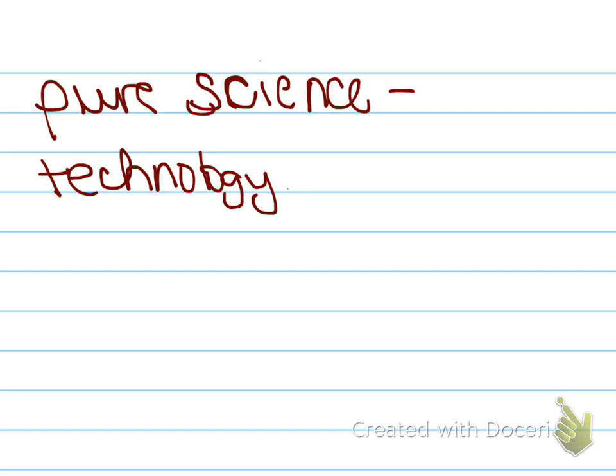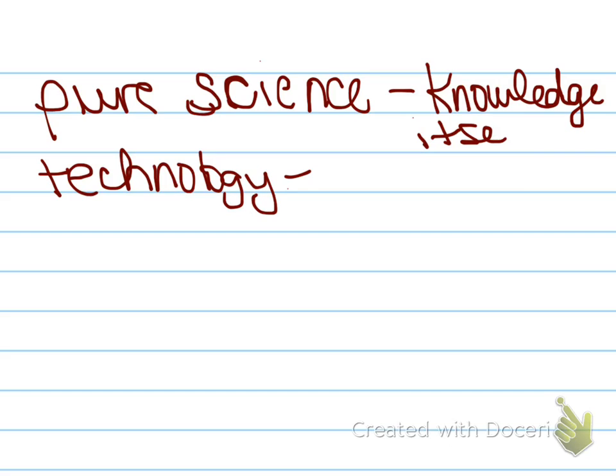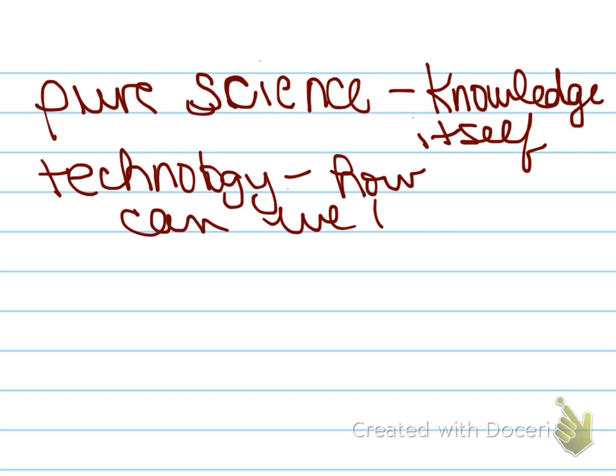Pure science is science for knowledge itself. Technology is how can we use it. Okay, and that is chapter 1 in a nutshell. I'll have another video for you for chapter 2.